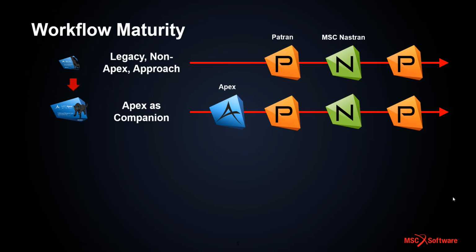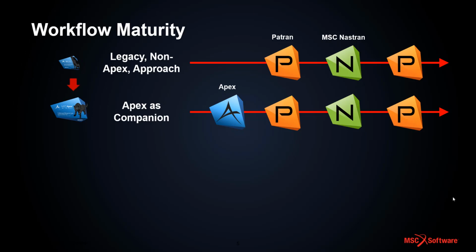A lot of the very efficient tasks that Apex is good at handling, such as CAD to mesh and model verification, and some aspects of automation, can be done very quickly in Apex, but then some of the further aspects such as model attribution and solver setup are done back in the Patran environment, with the use of an imported bulk data file.